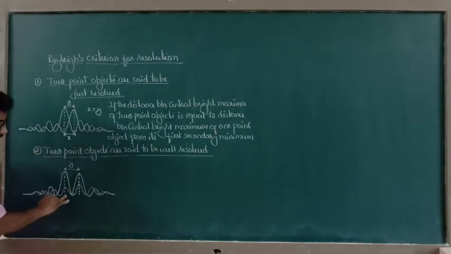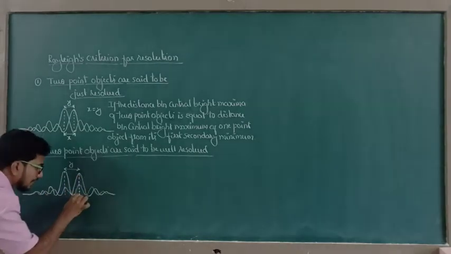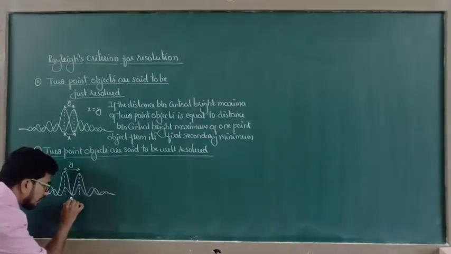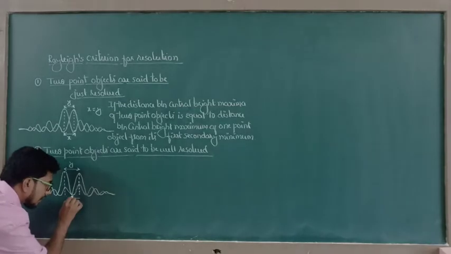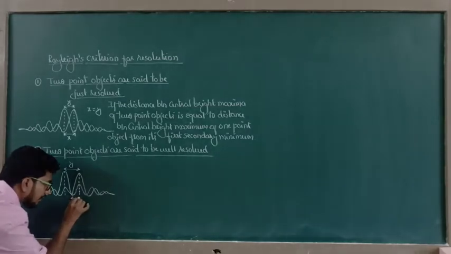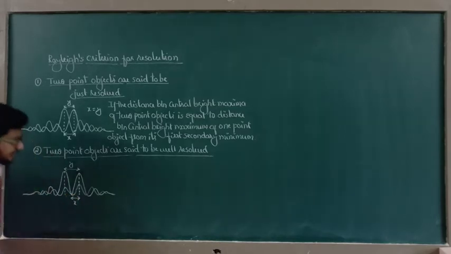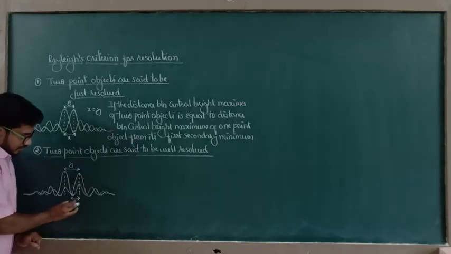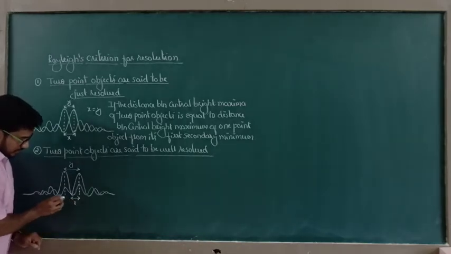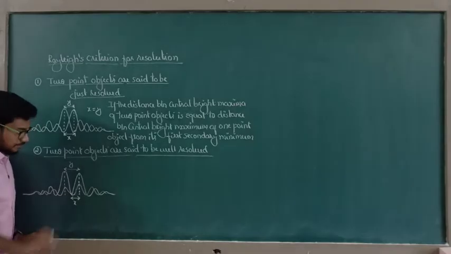Distance between the central bright maximum of one point object and its first secondary minimum, this distance. You may take this distance or this distance, both are the same.